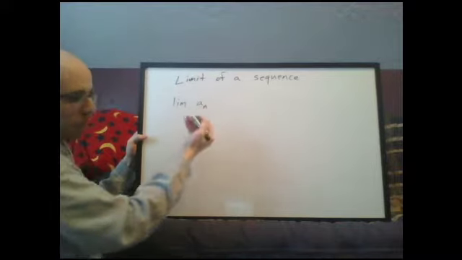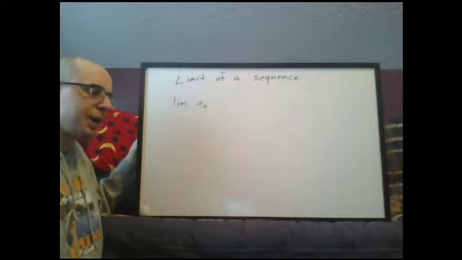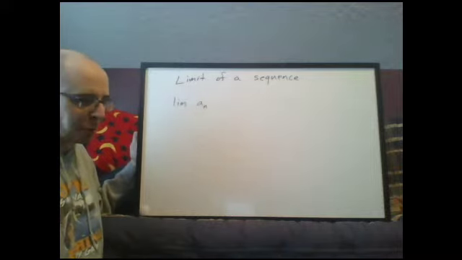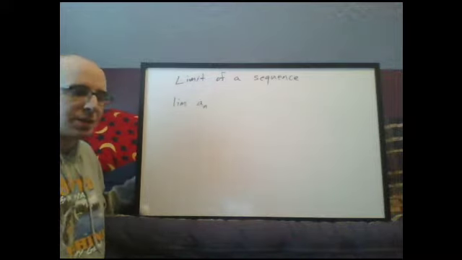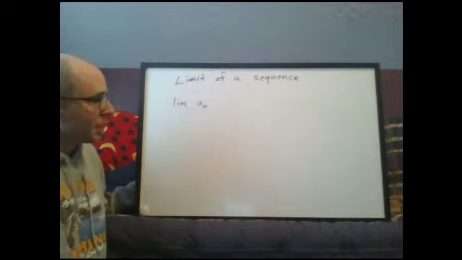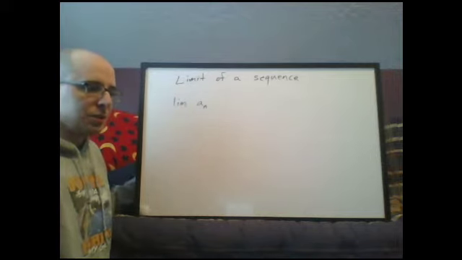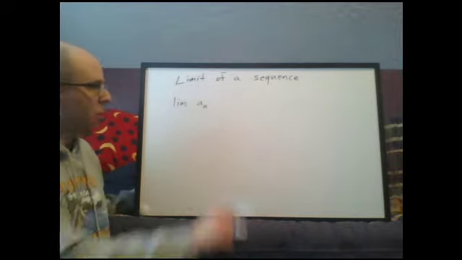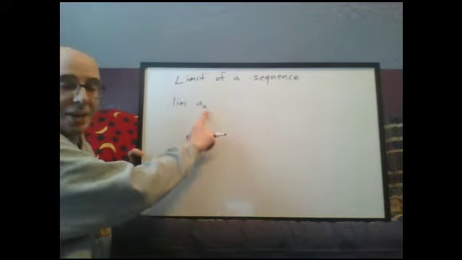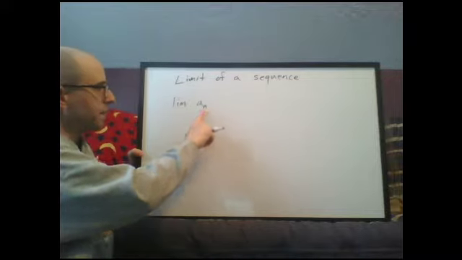As with functions, the limit of a function, limit of f of x, we can ask what is the function approaching as x approaches whatever number we want, or whatever number makes sense. For a sequence, it doesn't make sense to ask what is the limit of a_n as n approaches 3, because you can't get arbitrarily close to 3. The only values that n can take are whole numbers, so you can't get very, very close to 3 without already being 3.